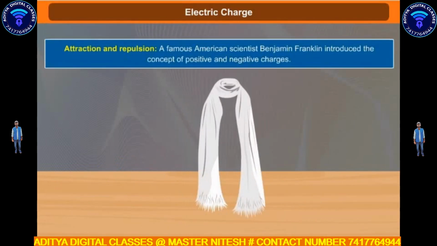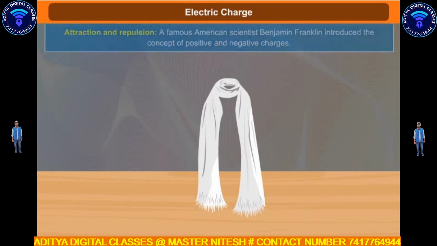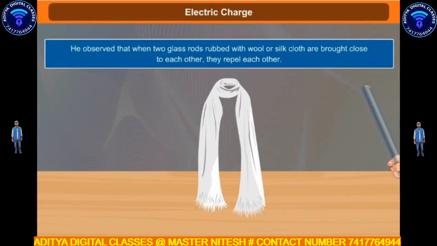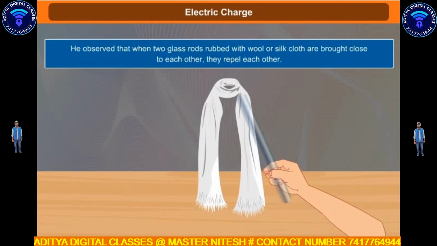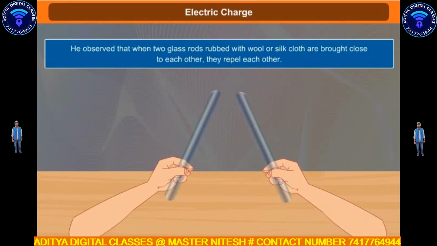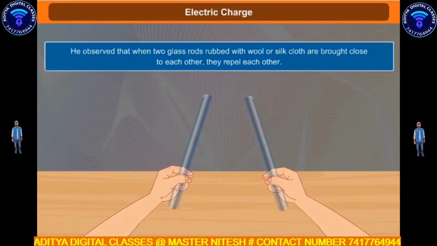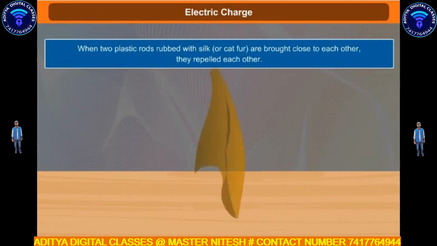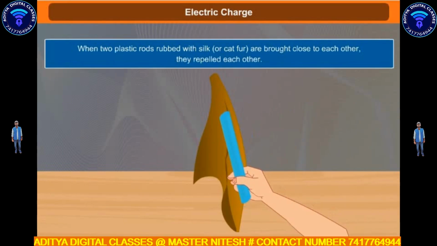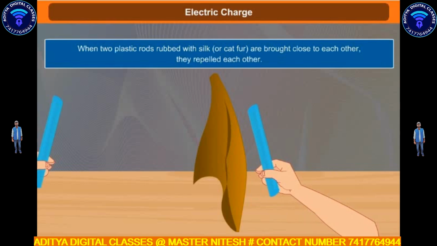Attraction and repulsion. A famous American scientist, Benjamin Franklin, introduced the concept of positive and negative charges. He observed that when two glass rods rubbed with wool or silk cloth are brought close to each other, they repel each other. When two plastic rods rubbed with silk or cat fur are brought close to each other, they repel each other.